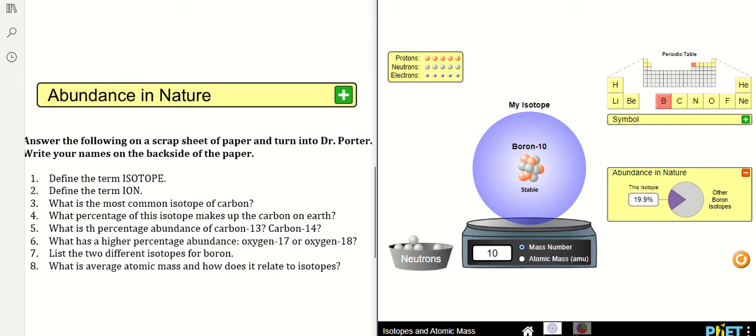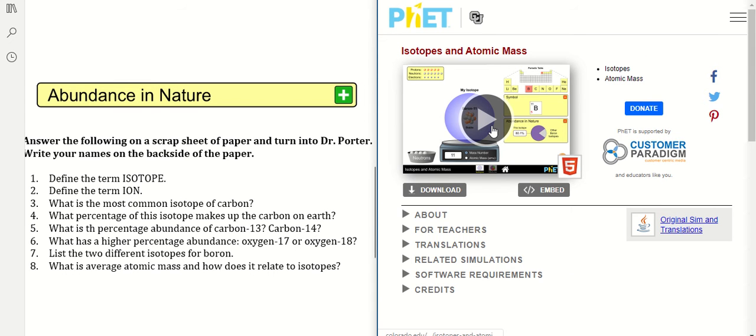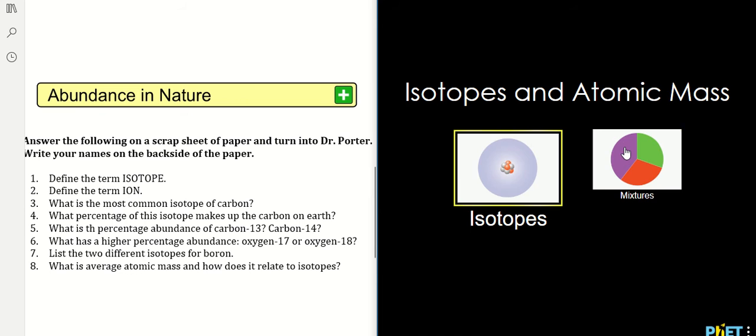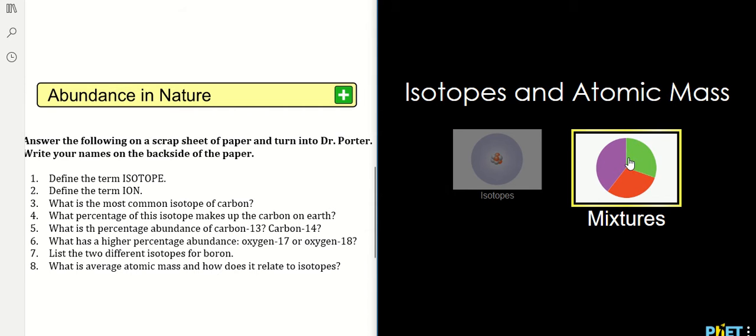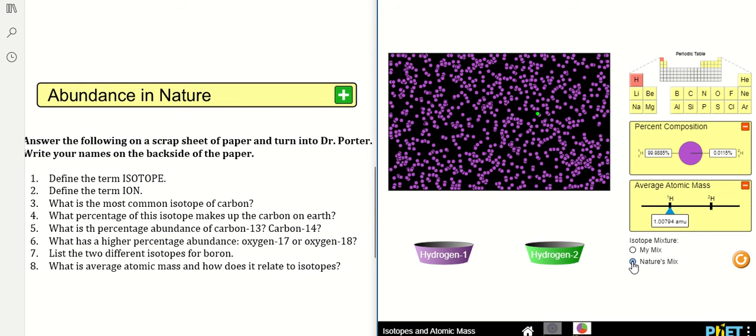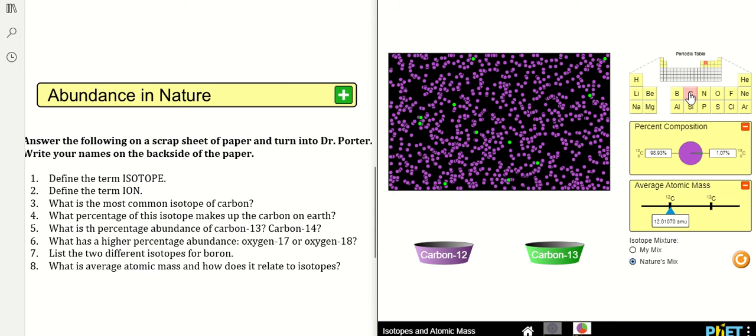Hey, take a look at the other simulation that you can do with this one. So instead of choosing isotopes, let's go over to mixtures. So here, if I go to the nature's mix, if I click on carbon, look at the image.